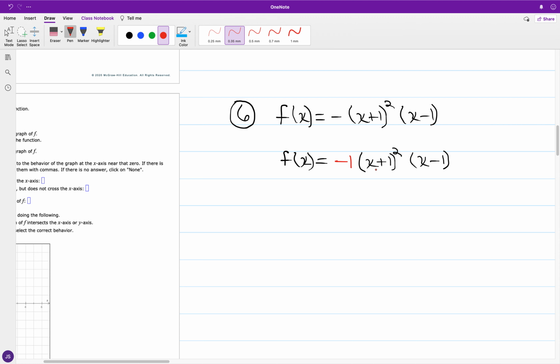Looking at the factors x plus 1 and x minus 1, from x plus 1 the higher order term is x, and that is going to be squared. And from x minus 1 I have just x.